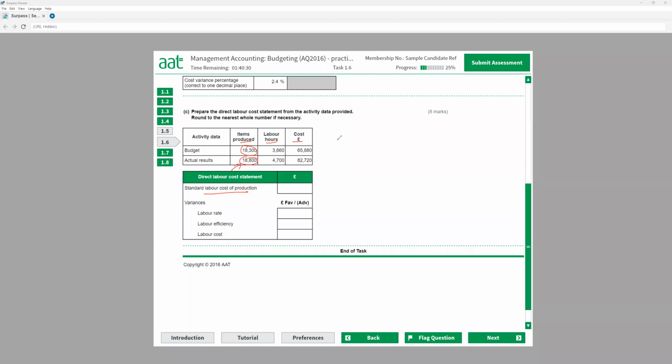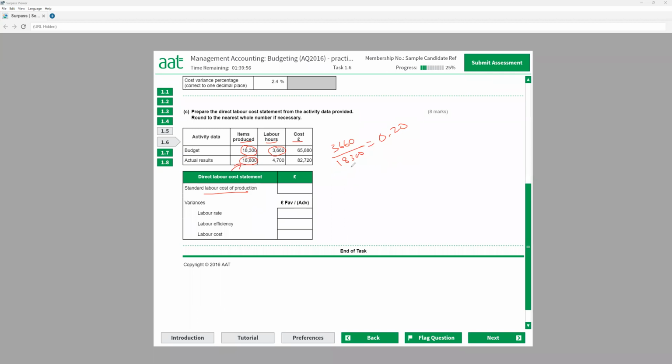So first we need to look at the standard labor cost of production. To produce each item, how many labor hours do I need? We can see we need 3,660 labor hours for 18,300 units. So it will tell me how many labor hours I need per unit. So I need 0.2, so 20 minutes to make one unit.